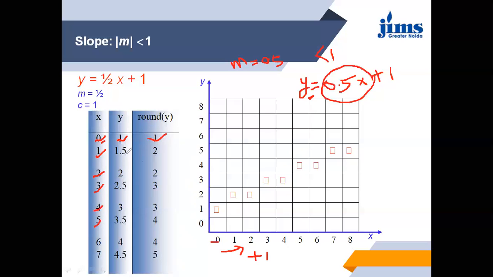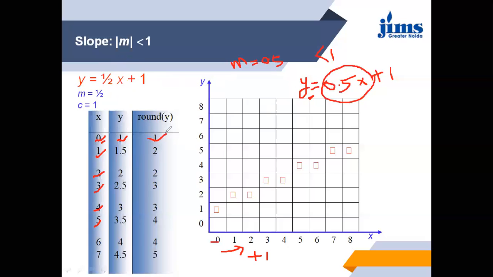At the same time we have to find out the value of y only. So by using the value of x equals 0 in this equation, this term will be 0, this term will be 0, so y equals 1.